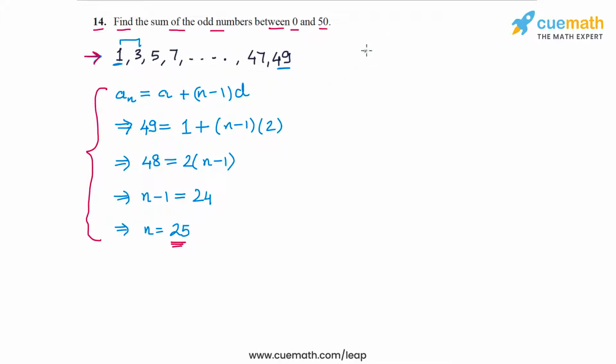To find the sum, I'm going to use the relationship Sn, the sum of n terms, is equal to n by 2 times a plus l, or n by 2 times the first term plus the last term. So let's plug in the values. S25, the sum of these 25 odd numbers, will be equal to 25 by 2 into a plus l.